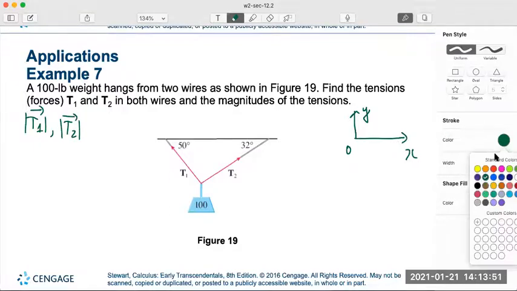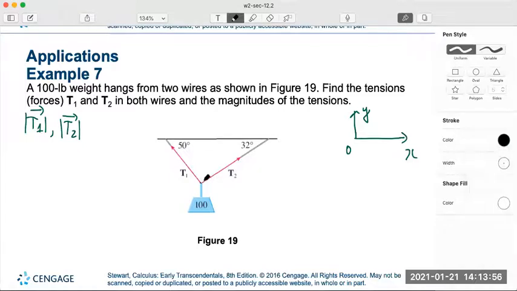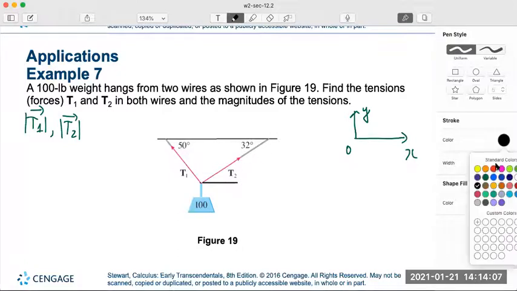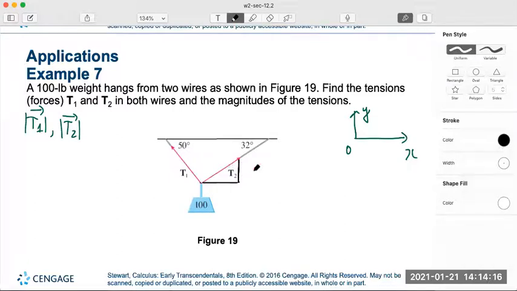So let us study this one. In 2D, we will always be able to break the vector T2 into components.